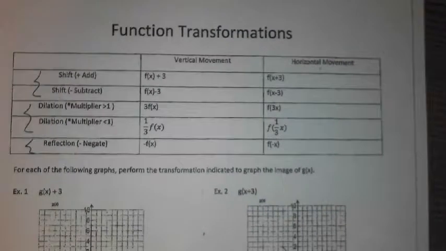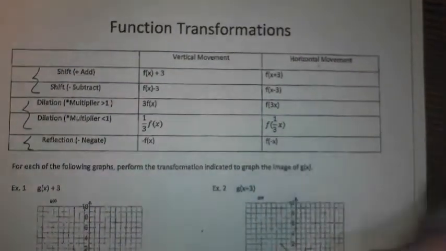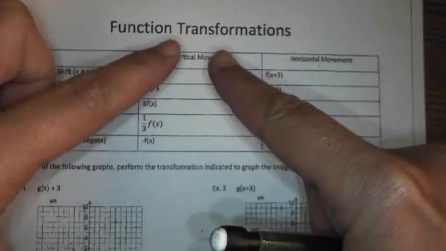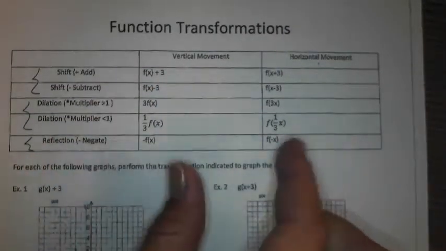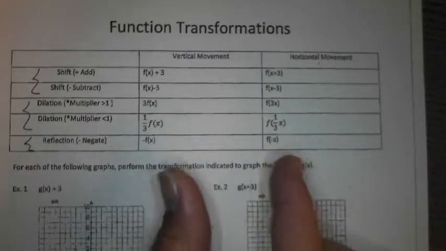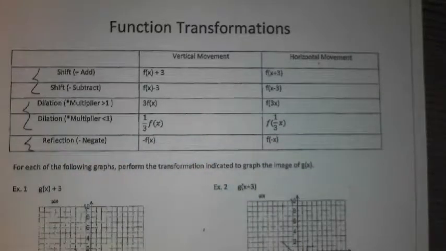Stretches and compressions also can happen vertically, where you would take a picture and stretch it vertically, or you can stretch or compress horizontally, where you would pinch a graph and squeeze it in towards the y-axis or stretch it out.